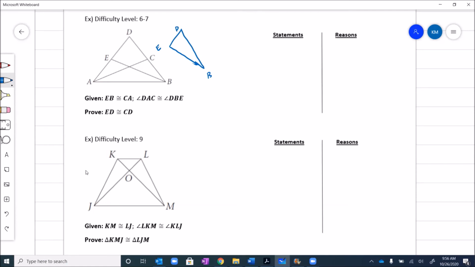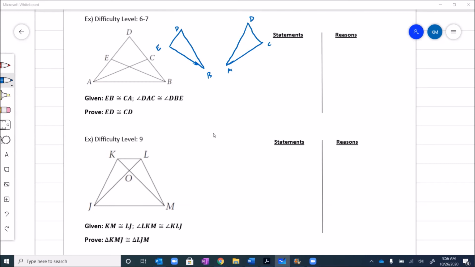And what's the other one? DCA. ACD here. Okay, so I'm going to think that these are the two triangles that we're going to be focusing on.